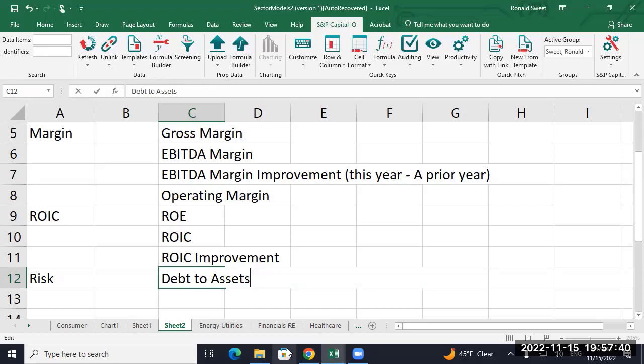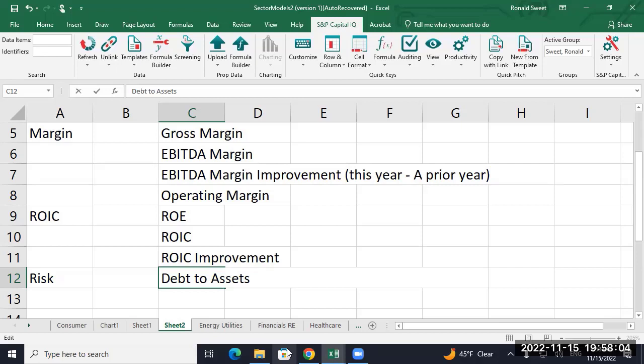So be real careful when you're doing numbers. The denominator can be negative, the numerator can be negative, either can be negative. So if you can substitute a number like assets or revenues instead, you have less risk of a company giving you bad data because you're dividing by a negative number.